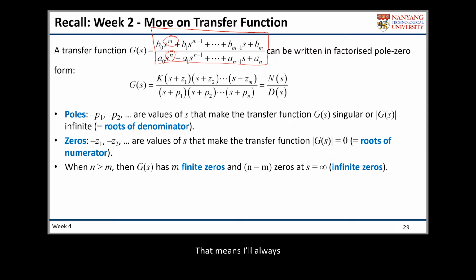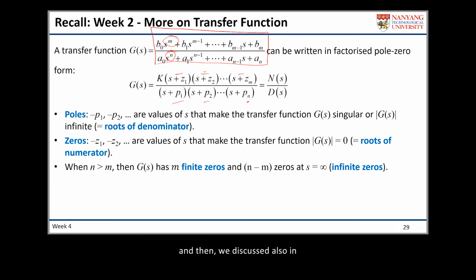That means I am always able to factorize the numerator into m factors of first order polynomial, while the denominator, I will always be able to factorize into n first order polynomials.